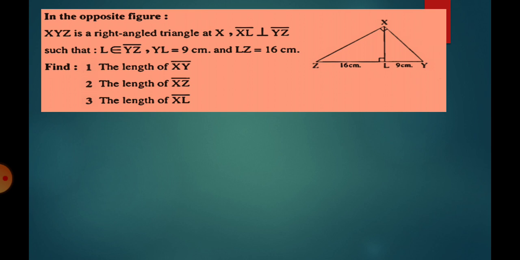Here, XYZ is right angled at X, and from the right vertex we draw the perpendicular to the hypotenuse. Then XY power 2 equals YL times YZ.